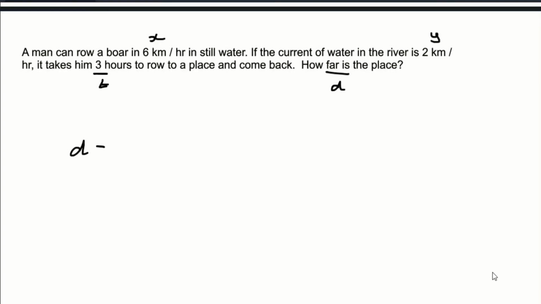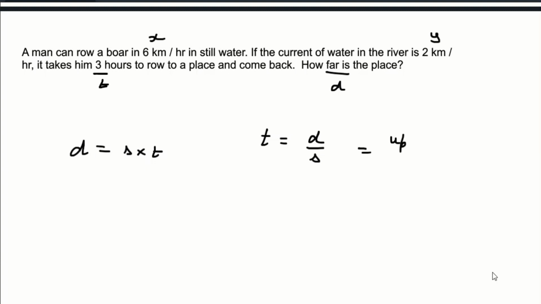So what is the distance formula? Distance is speed into time, is it not? Total time taken is 3 hours. So I can write time is equal to distance by speed because he has to go and come back. So I can write this as upstream time taken plus downstream time taken, correct?